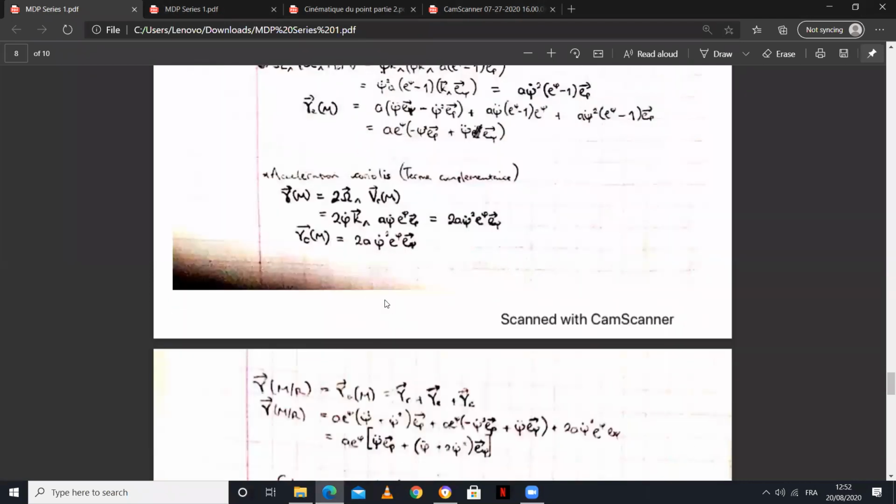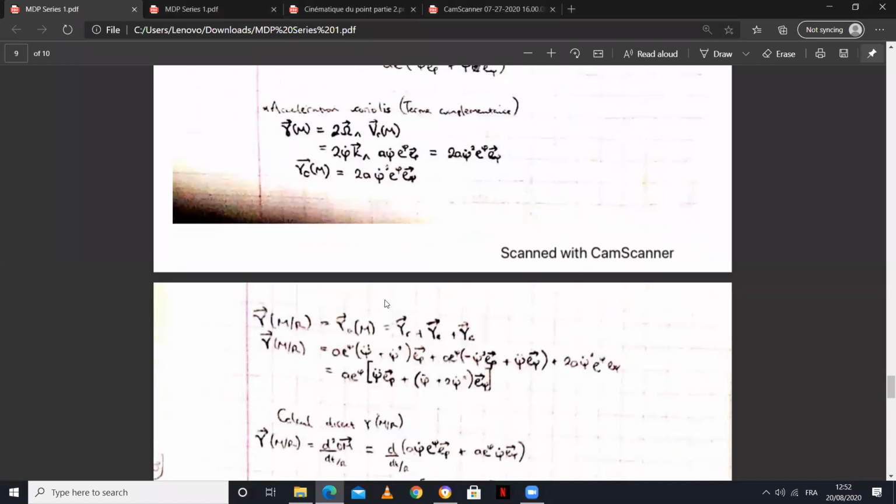So all you need to know is this formula, and just replace the expressions and you get your answer like that. That's gamma Coriolis. Are there any questions there? Okay, pas de questions.